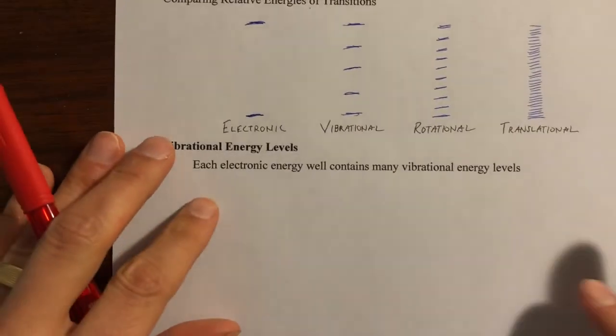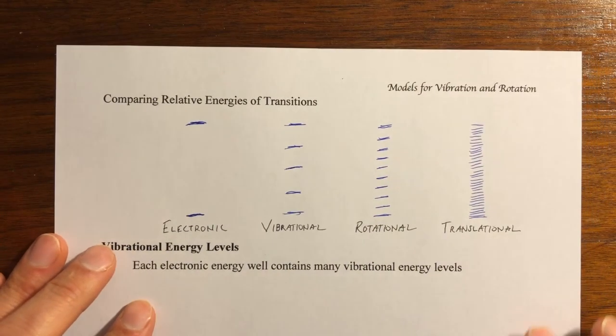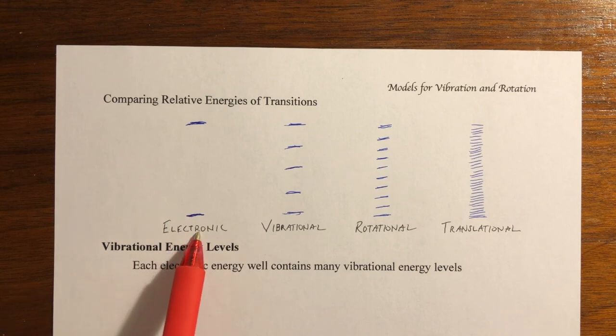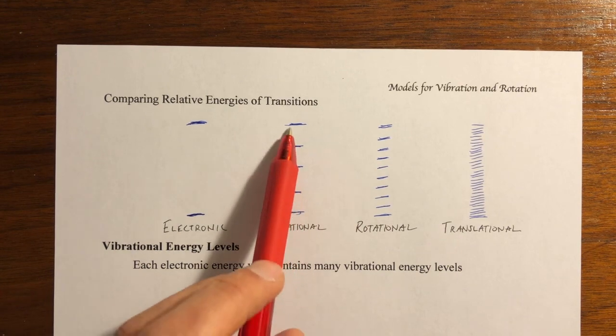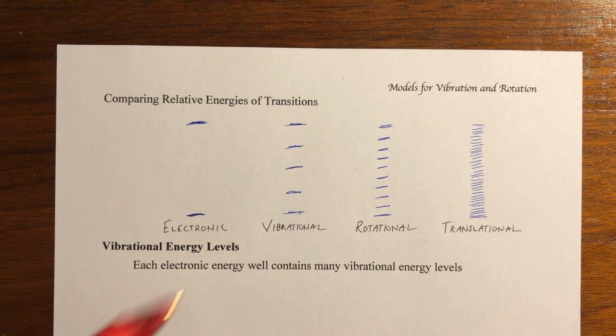Now let's take a quick look at how to compare the relative energies of these transitions. Electronic transitions are our largest. They have the largest gap and are typically what we talk about with the ground state and excited state. Within electronic states, there are vibrational states because these are a lot smaller, and so they occur at smaller energy intervals.